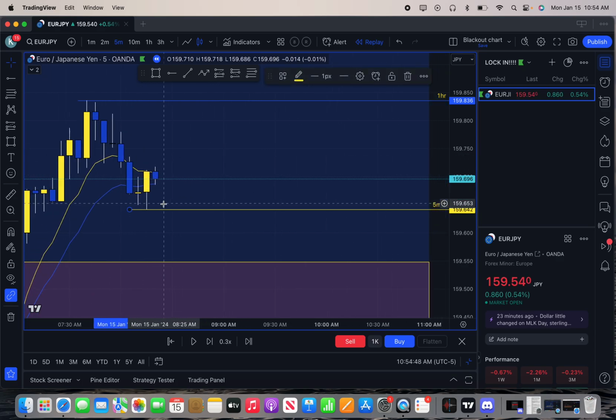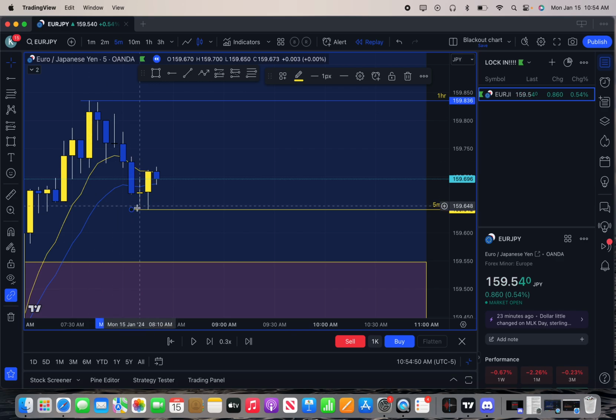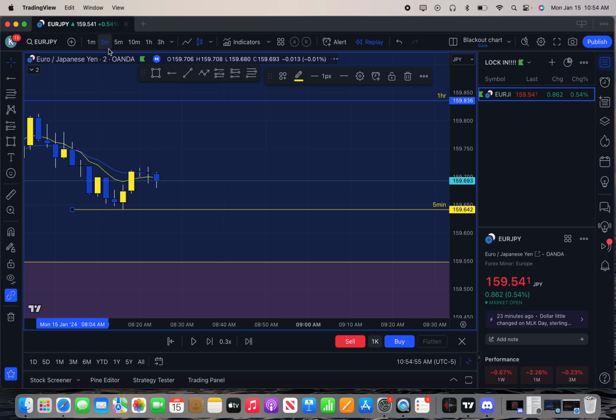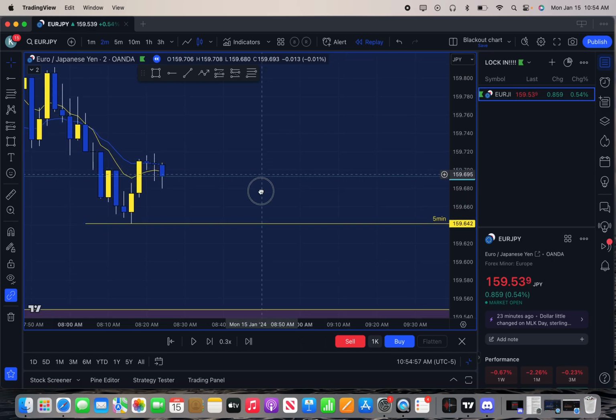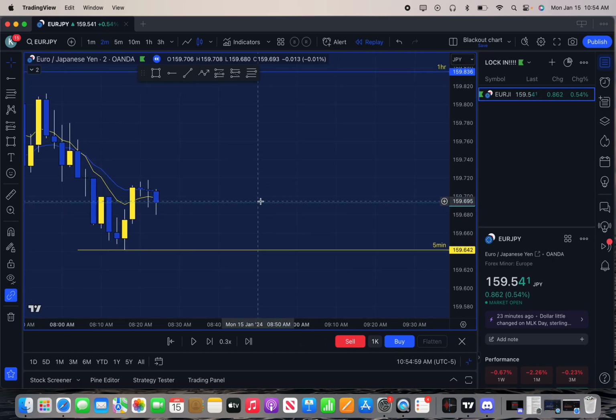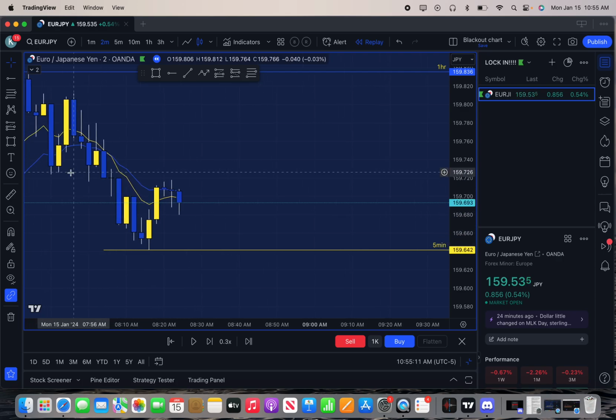Now we can go to the 10 minute, because what do we see? We see price impulse to the downside on the 5 minute, creating a new low, and now it's looking to retrace. So let's go to the 2 minute, see if there's any clear instruction. First thing I notice is yes, price is pushing to the upside here, but it didn't break any structure. If we see, price went down, down, down, down, down, down. So let's find the last bit of structure here.